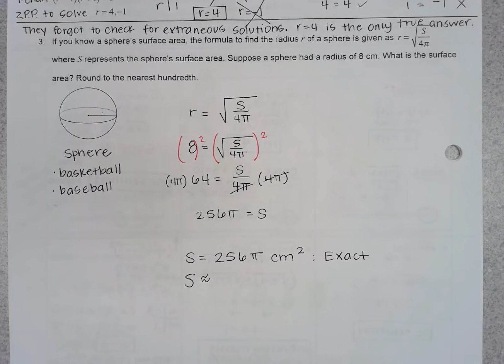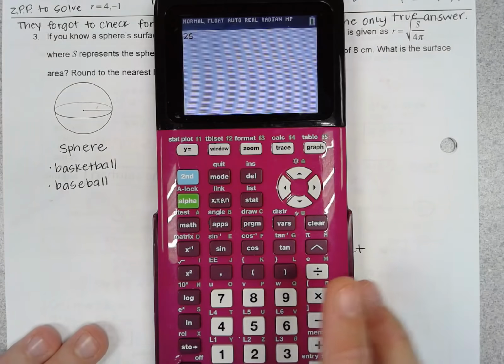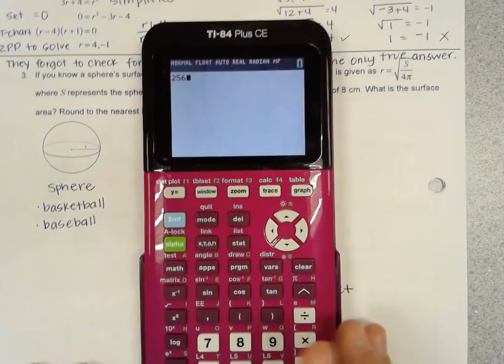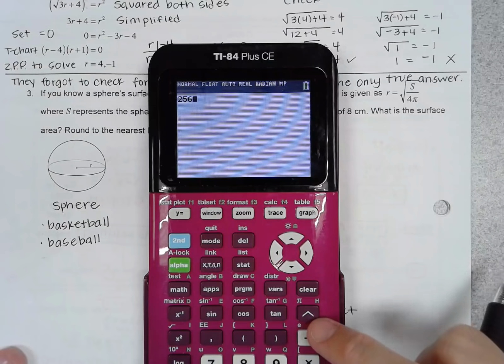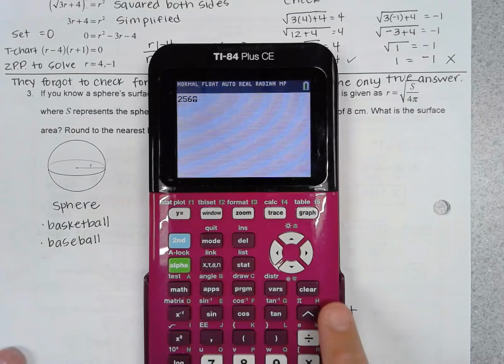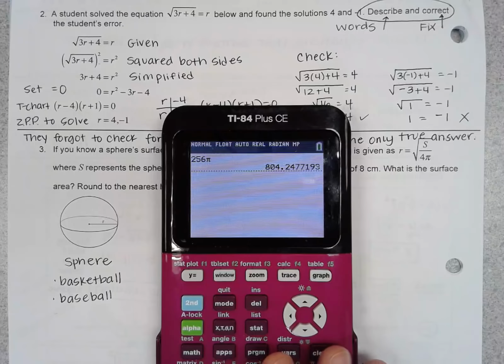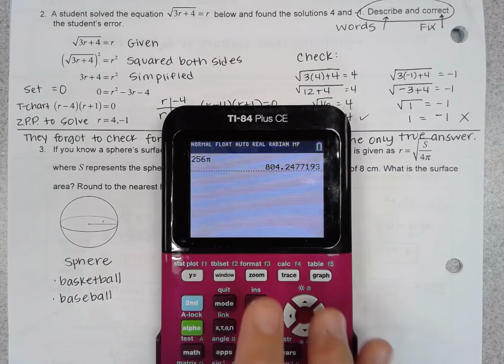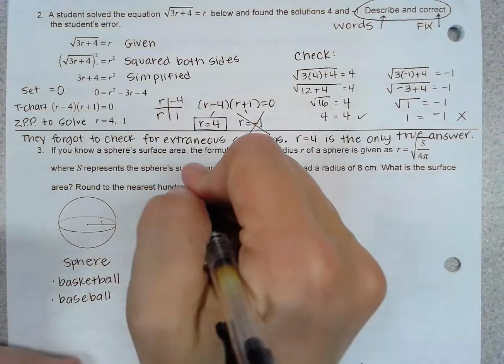So in my calculator, I'm going to type in 256, and then when I do pi, the pi button's right over here and it's above this little caret. So I'm going to press the second button and then press this caret exponent button, and that gives me 256 pi. So that's going to give me a more exact rounded answer than if I had used 3.14 for pi. The directions to the question say that they want me to round it to the nearest hundredth.